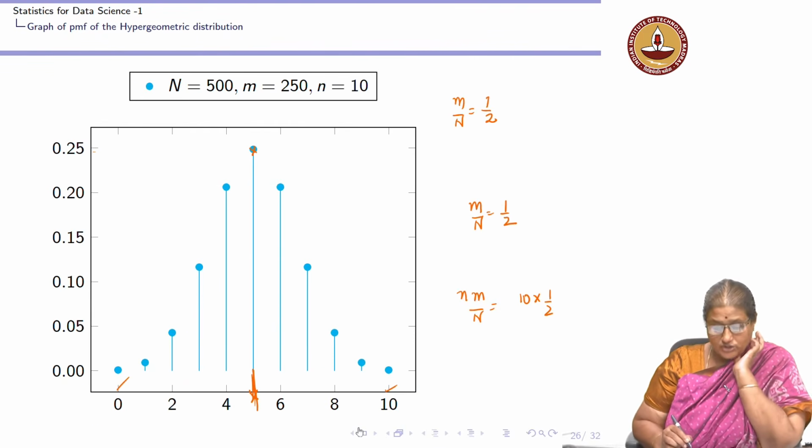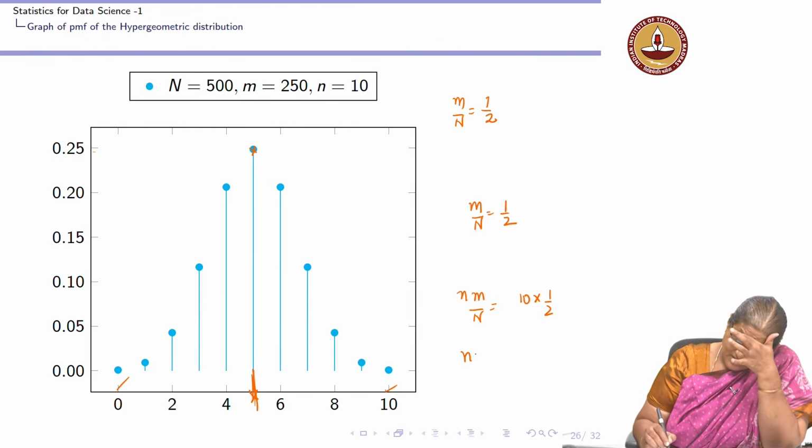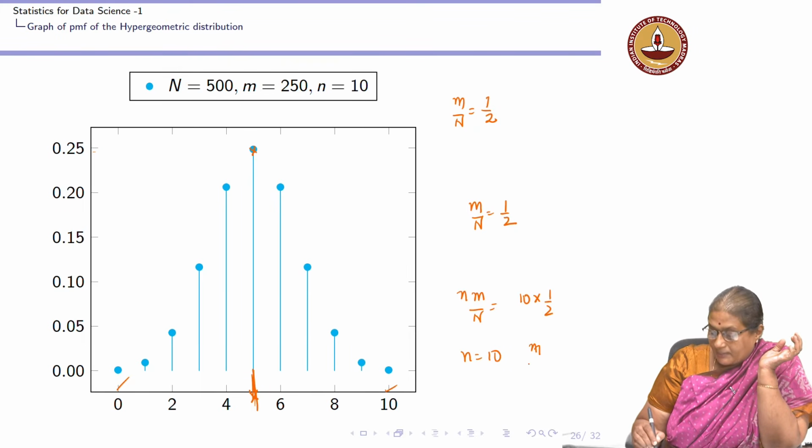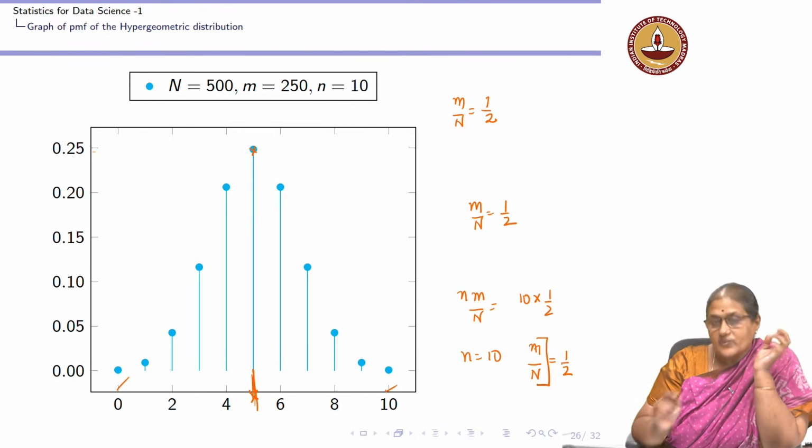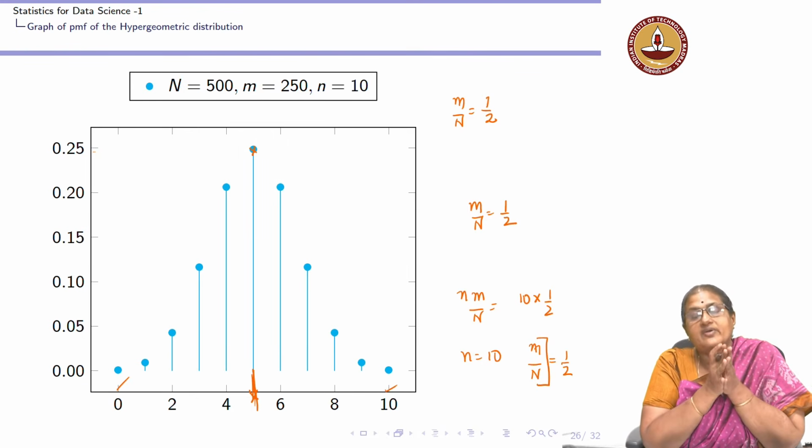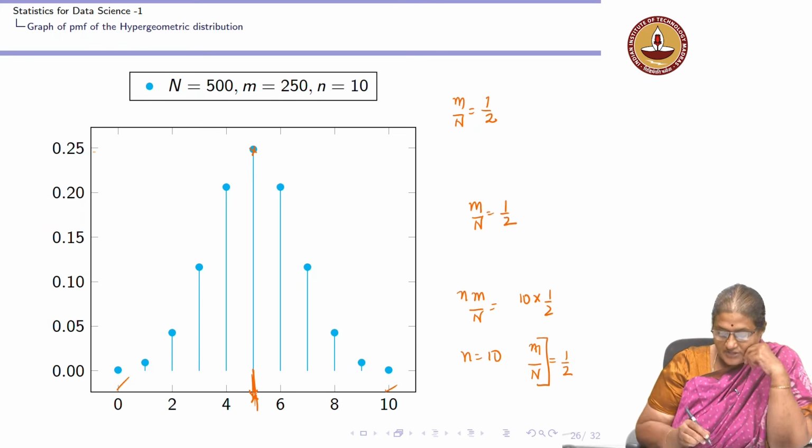Small n was a constant, 10. I kept varying capital M and capital N such that m by n was always half. We saw that we had a symmetric distribution centered around n into m by n, which is just 5.